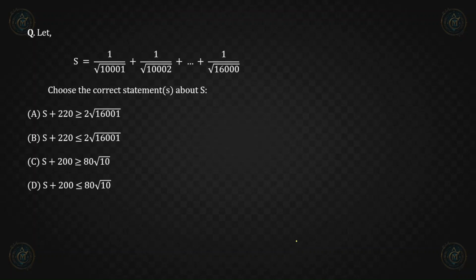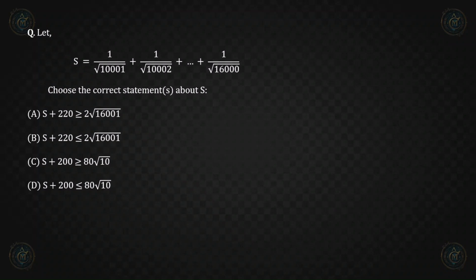Our method will be purely geometrical. We have to somehow interpret this given summation geometrically. So how can we interpret this? Let us use the concept that we were using in the Riemann sums. We were constructing rectangles with equal width, right?